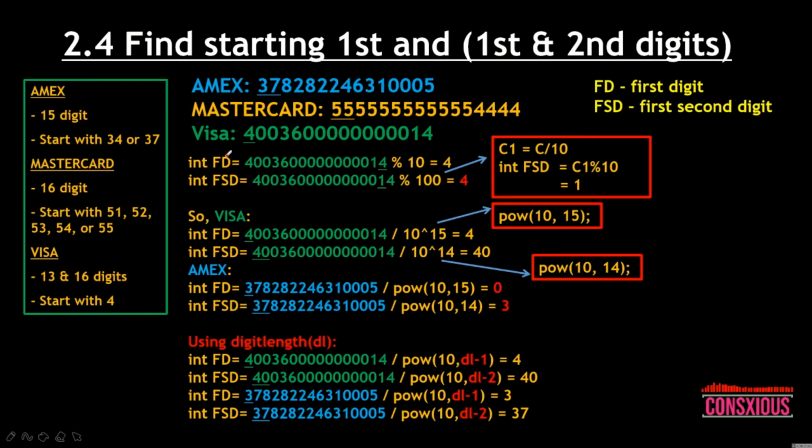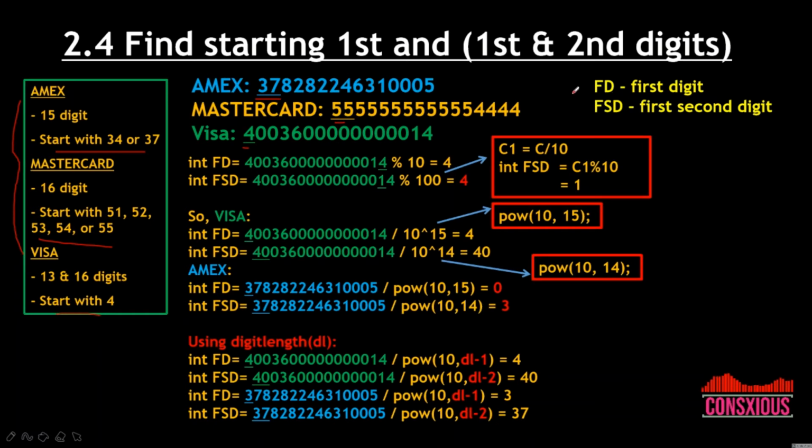Next, we have to find the starting digits, the first and second digit. You can see here the 3 cards. We have something like this: start with, and start with. So we need to find the credit card number of these two values.